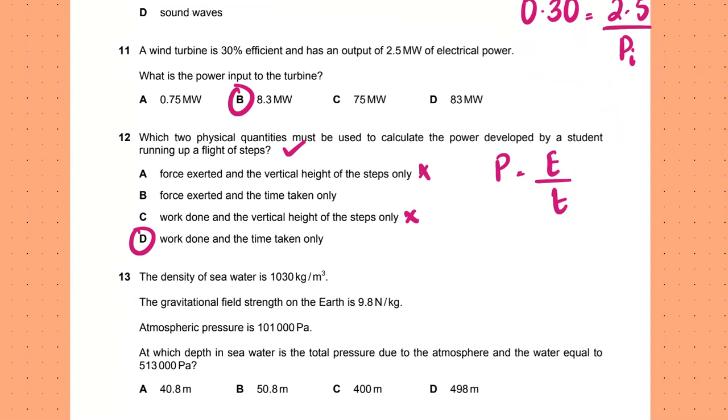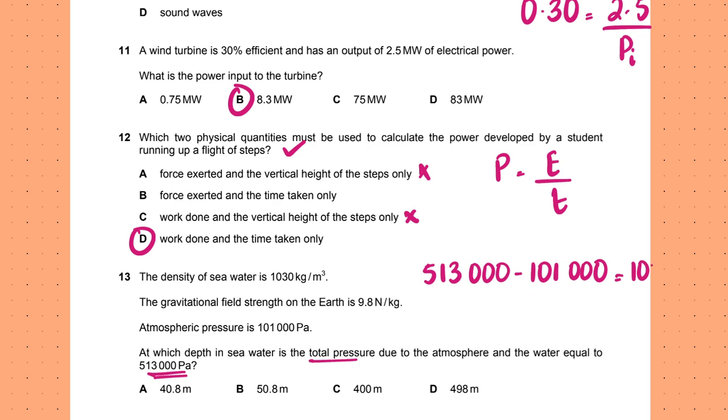Density of seawater is given, small g is given, atmospheric pressure is given. At which depth is the total pressure equal to this? So if the total pressure is equal to this, remember total means that atmospheric pressure is also to be added. So 513,000 being the total, subtracting this atmospheric pressure just gives me the liquid pressure, rho gh.